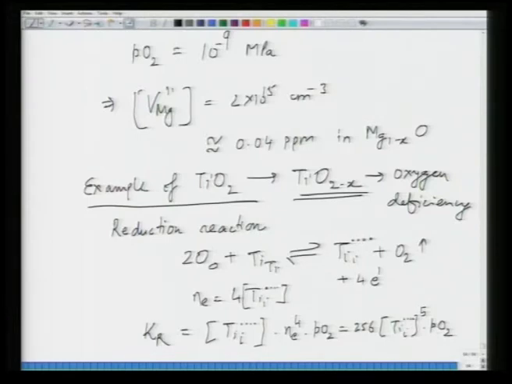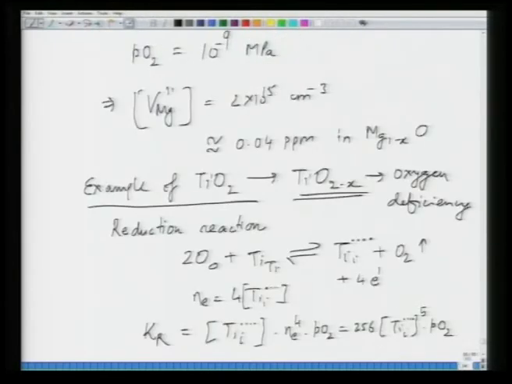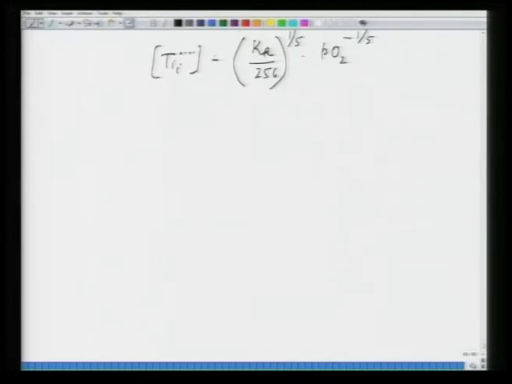Okay. So Ti I concentration becomes Kr divided by 256 to the power 1 by 5 into PO2 to the power minus 1 by 5. Let me just have a look. Yes, minus 1 by 5. So this would be your Ti interstitial concentration.